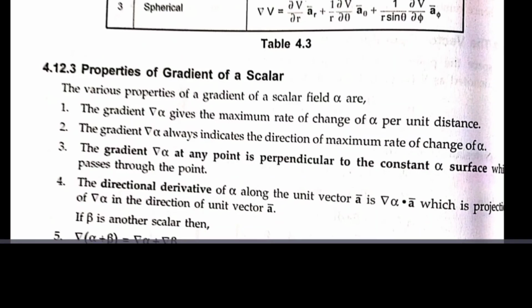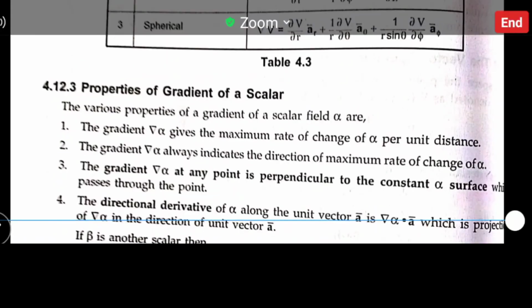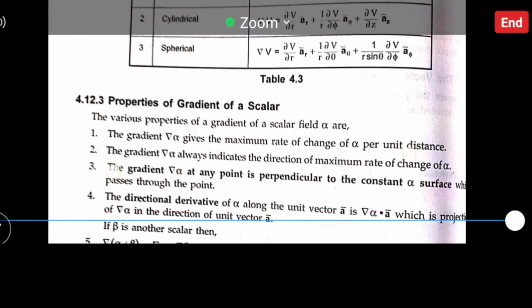The gradient of any scalar is a vector. The gradient, if you multiply with another one, it is a del of alpha plus beta. How can we apply that? We can see in properties. These are some properties of gradient.